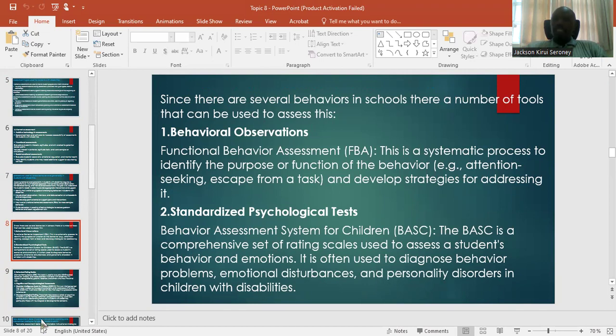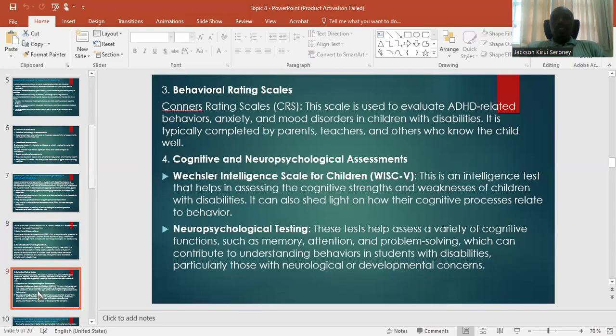Two is standardized psychological tests. An example is the Behavior Assessment System for Children, BASC, which is a comprehensive set of rating scales used to assess a student's behavior and emotions. Then we have another one called behavior rating scales, and a specific example is the Conners rating scale.